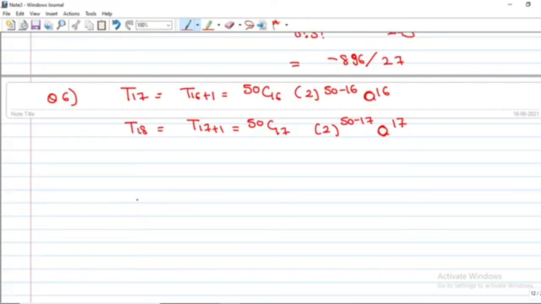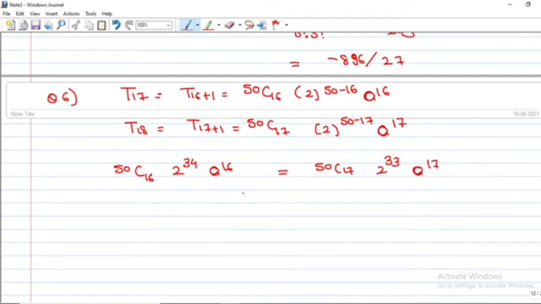So if you equate them, you will come to know that 50C16 into 2 power 50 minus 16 is nothing but 34, into a power 16, while here it will be 50C17 into 2 to the power 33 into a to the power 17.